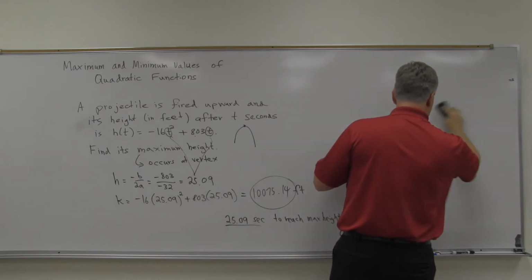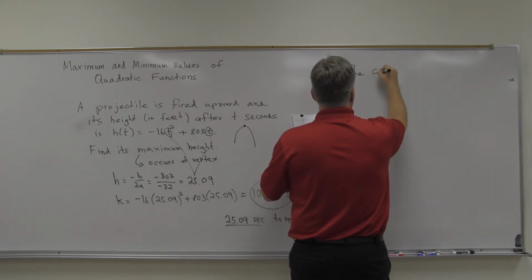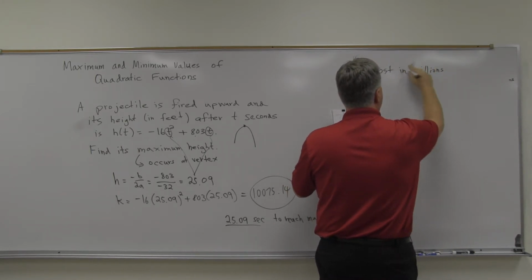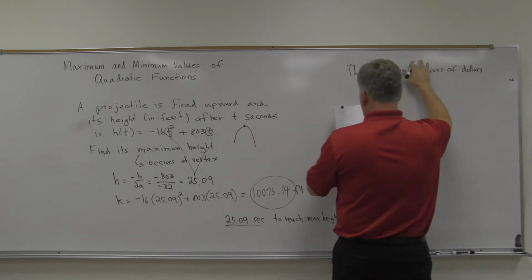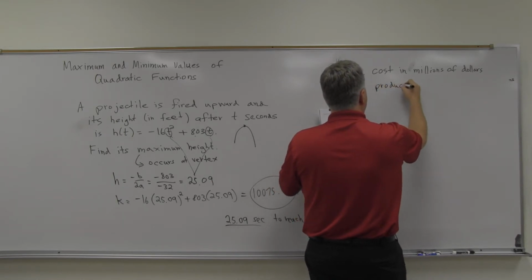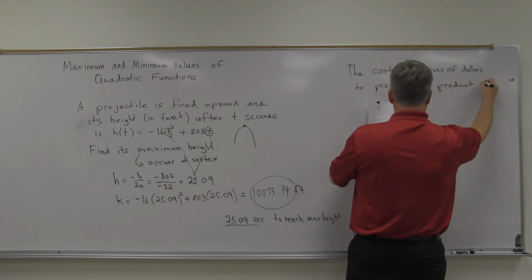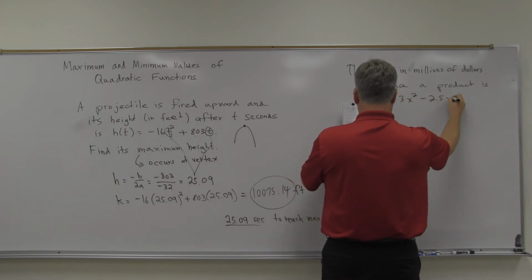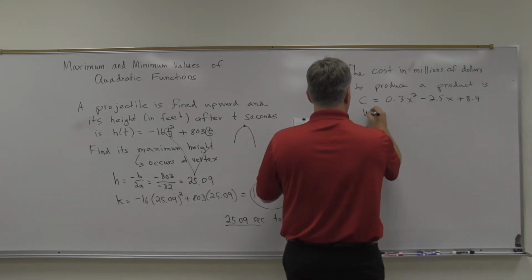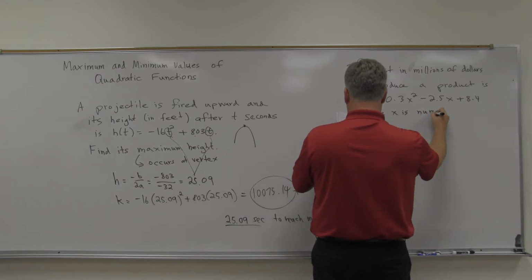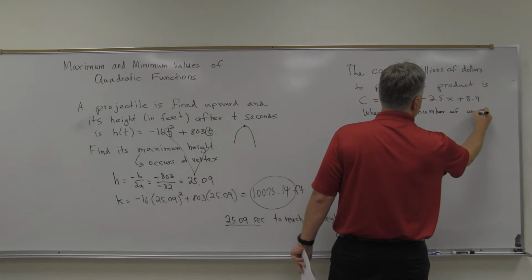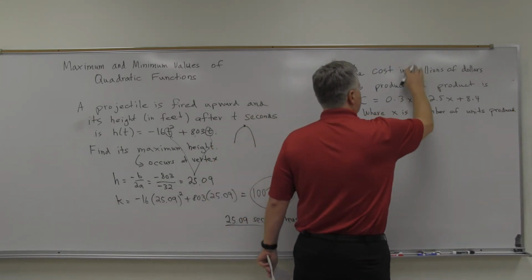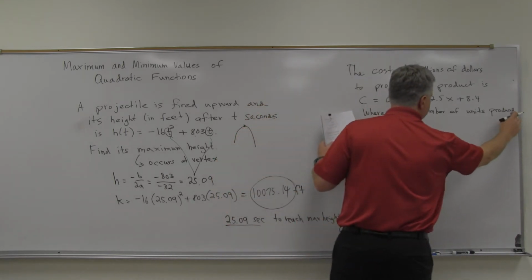All right, one more of these. The cost in millions of dollars to produce a product is C equals 0.3x squared minus 2.5x plus 8.4, where x is the number of units produced, in thousands, I should say.